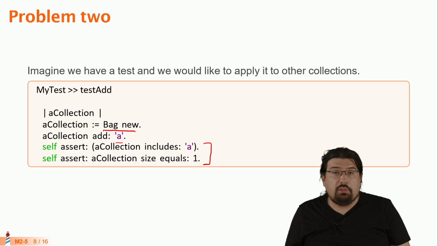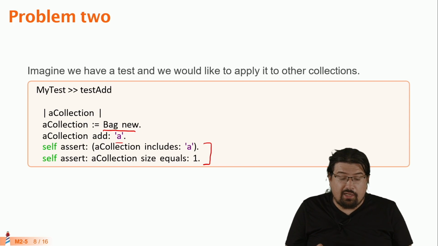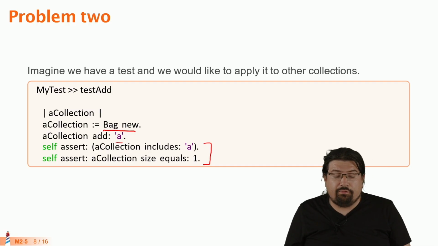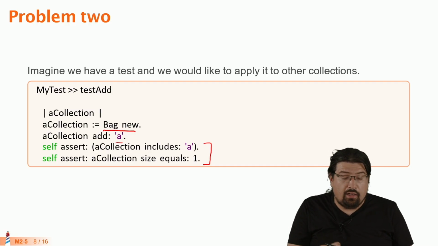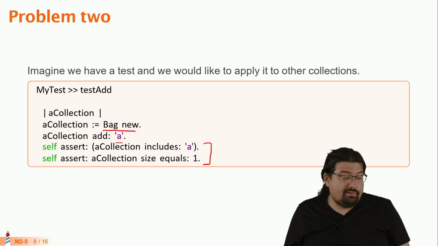This test is perfect. It has exactly what we want, but the problem is that this test is limited to just one kind of collection and one kind of element inside. So let's try to make it a little more generic.